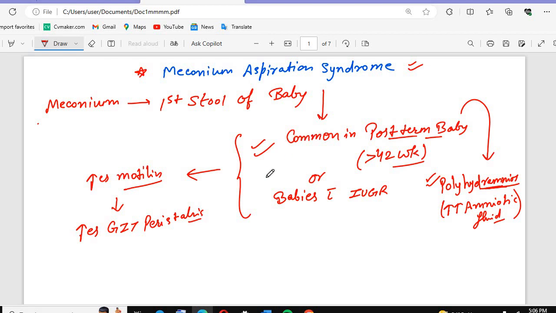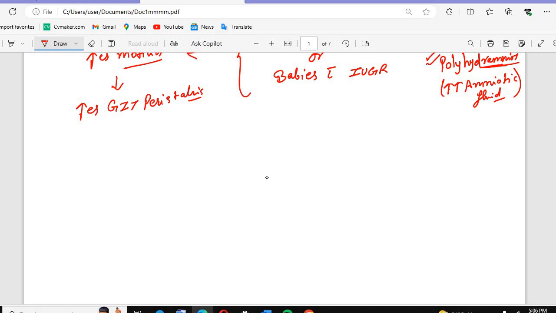If there is an increase in GIT peristalsis, what will happen? There will be expulsion of meconium. Whenever peristalsis is there, there is expulsion of the meconium inside the uterus, where it will be excreted into the amniotic fluid.